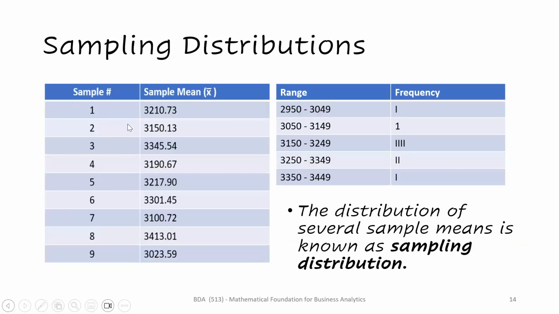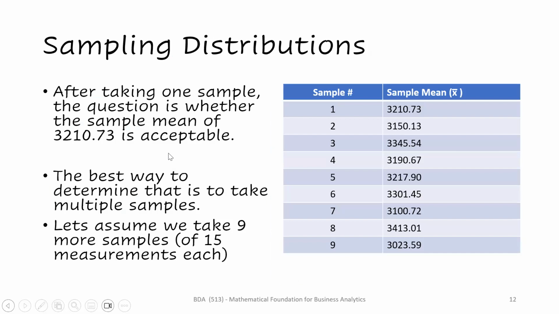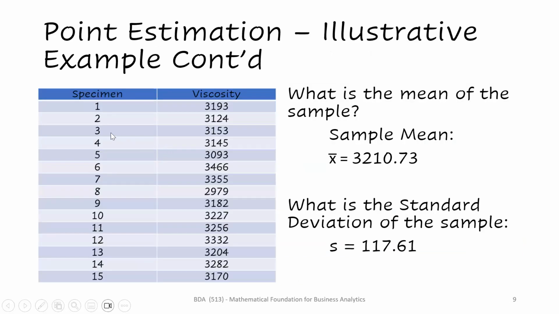When the production reaches a certain level, we pick a sample, but that sample consists of 16 specimens.